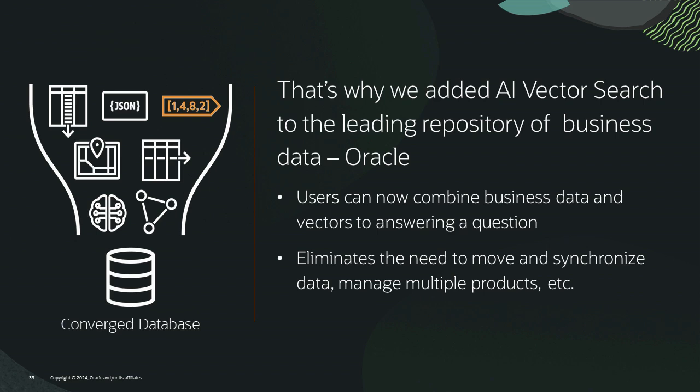That is why we've added AI Vector Search into the Oracle database, because our customers have loads of structured business data there. Now they can combine all that business data with the vector data to answer a wider range of questions. And most importantly, it eliminates the need to move data, synchronize data, and manage multiple products.